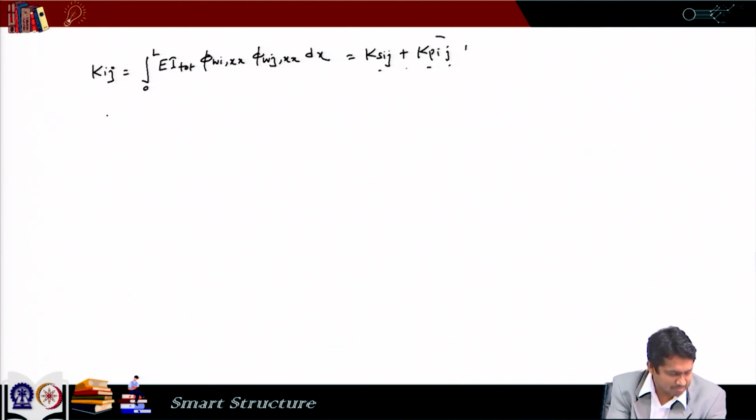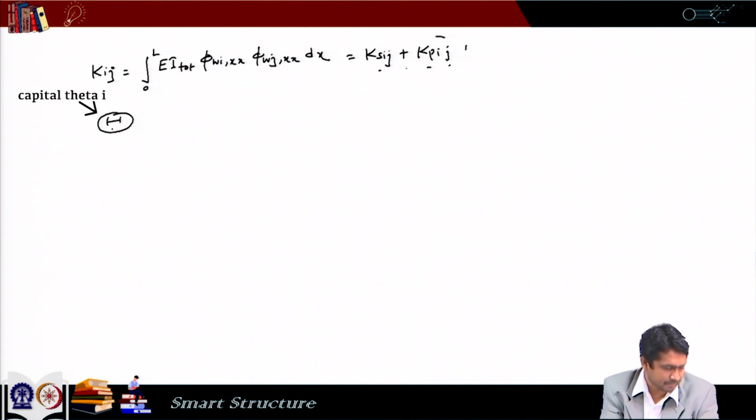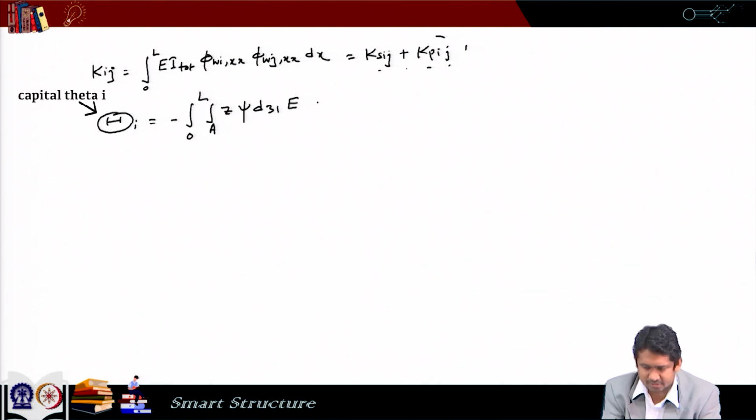So, we are just showing the equivalence between the expressions using the two different formulations and notations, and we have phi I, which is minus 0 to L A Z psi D31 Young's modulus multiplied by phi I comma xx dA dx.